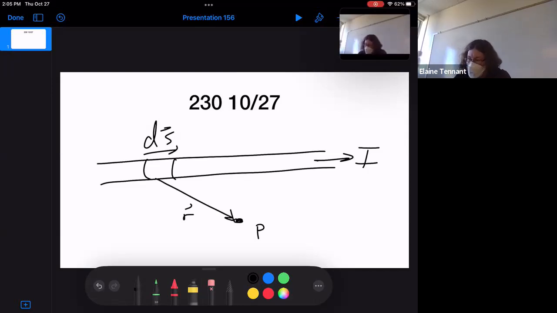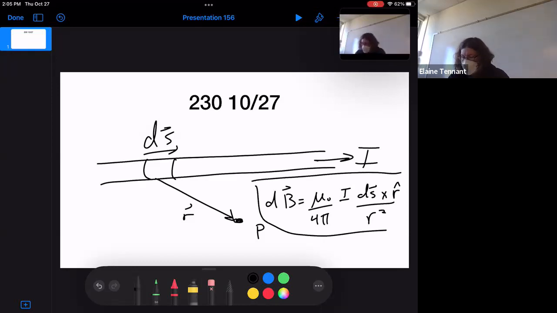The magnetic field due to ds at that point of space was dB equals mu naught over 4 pi times I ds cross r hat over r squared.